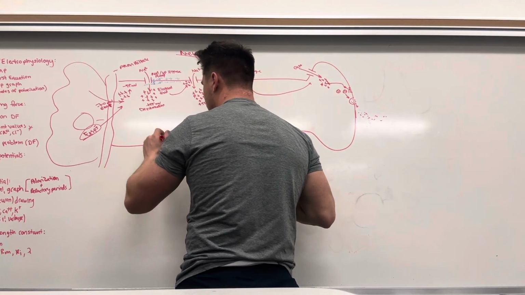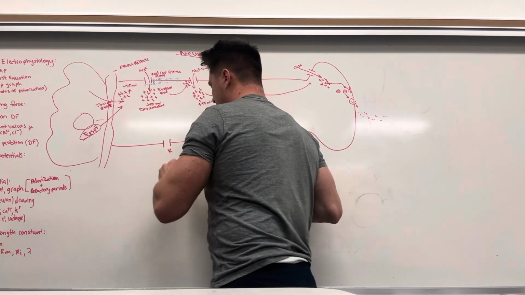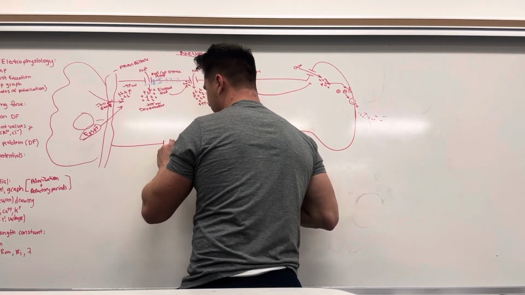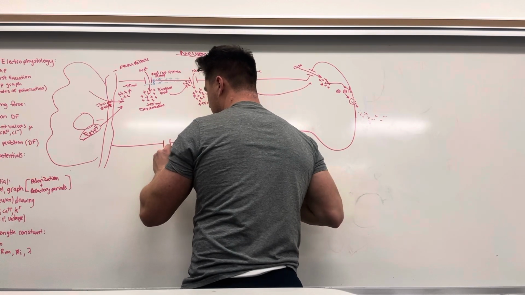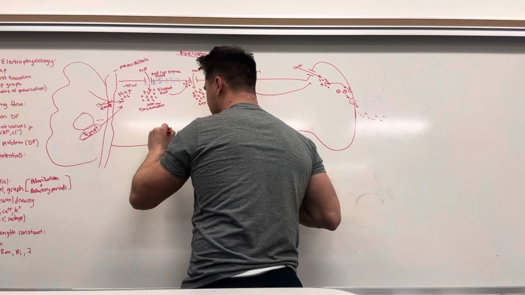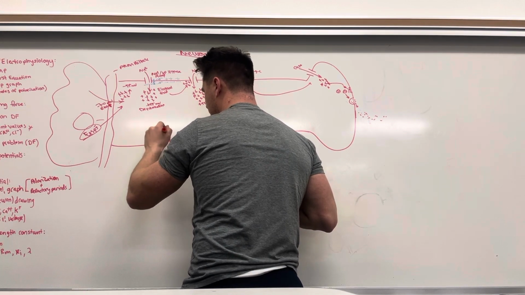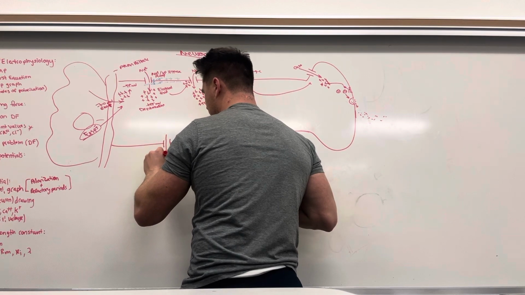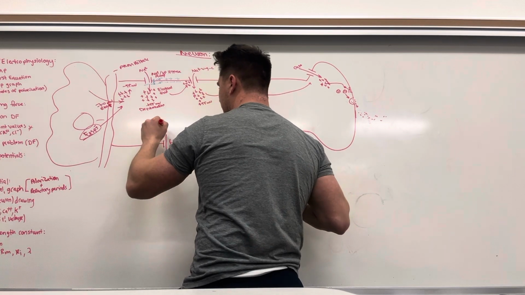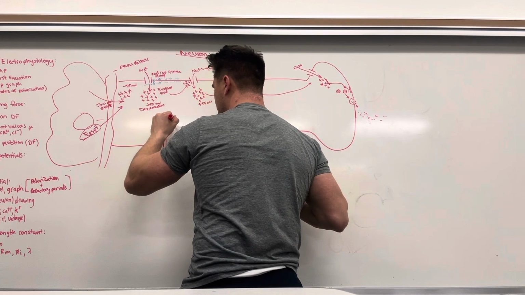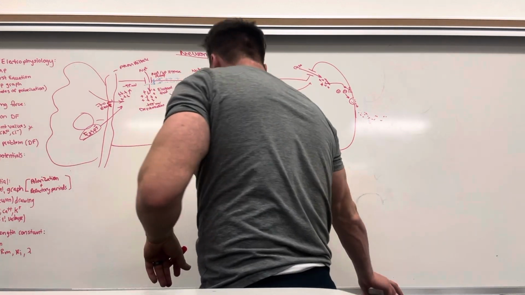So in the meantime, while this is happening, we have these potassium leak channels, and we have these potassium voltage gated channels, where potassium begins to come out of the cell in an effort to repolarize.